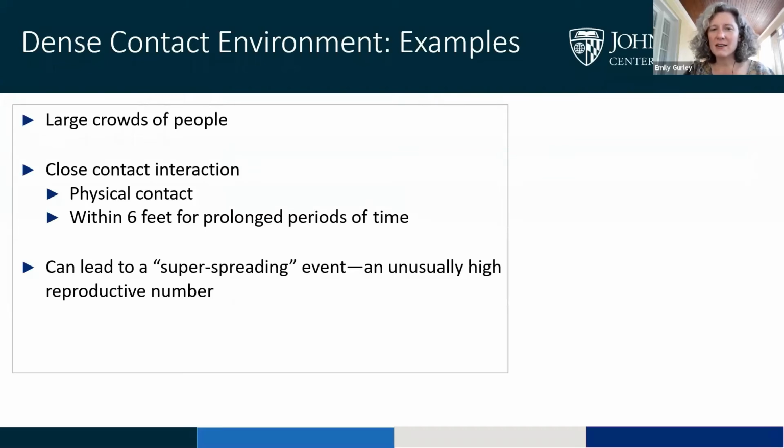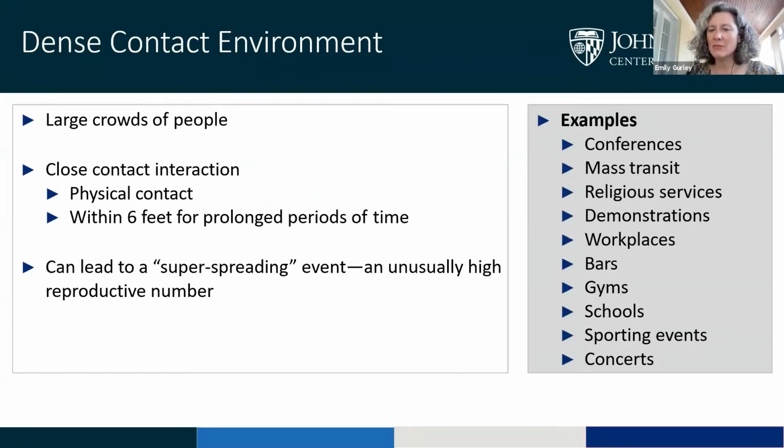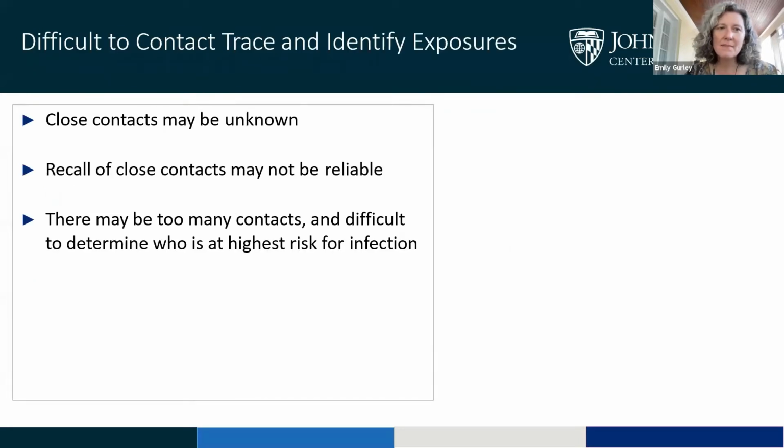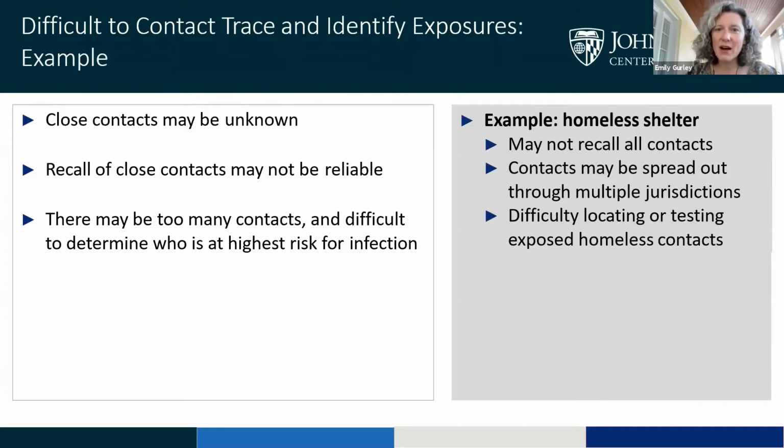I'll go quickly through some of these, and you can look back if you want. If you've been around a large crowd of people for a long time, like at a sporting event or a concert, and that's why a lot of places are not allowing those types of opportunities now because of this risk. There are other scenarios where the contacts may be difficult to trace or exposure is difficult to identify.